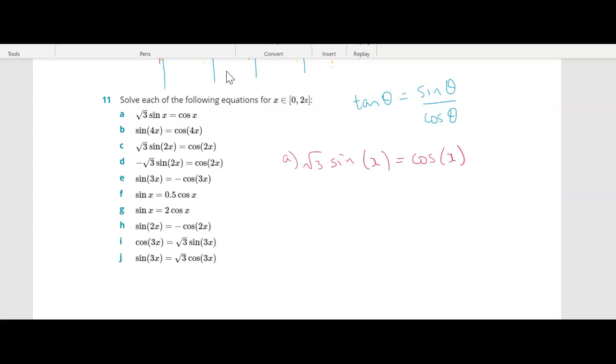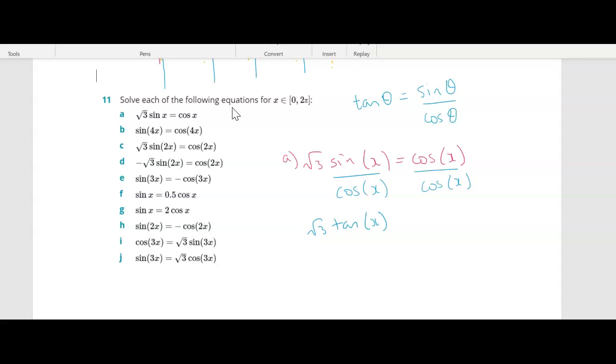All right, so let's just divide both sides by cos. Now the reason I divided by cos and not sine is because you want sine over cos. When I see sine over cos, that's the same as tan.